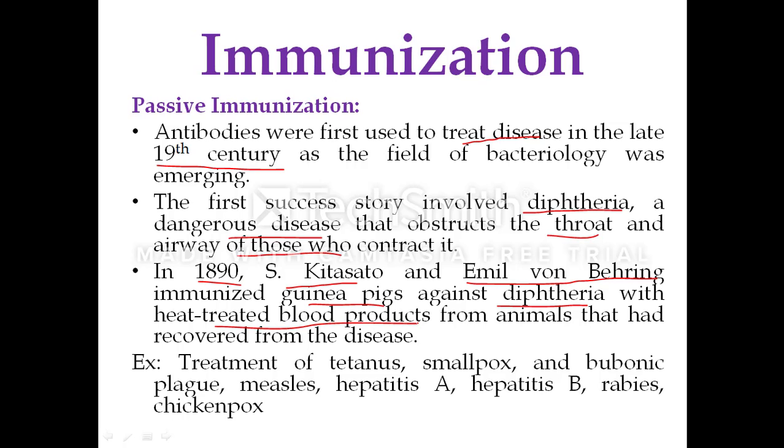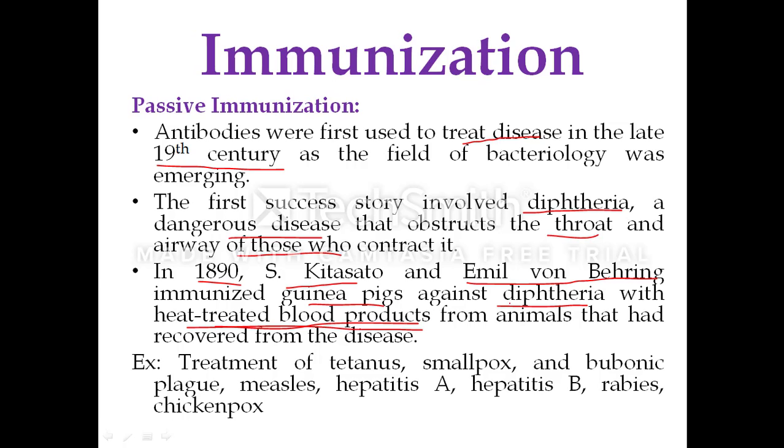Here you should put effort in understanding the technique. Here they are not injecting the whole organism which caused the diphtheria. Instead, they are taking heat treated blood products of the infected individual that has been recovered from the infection.